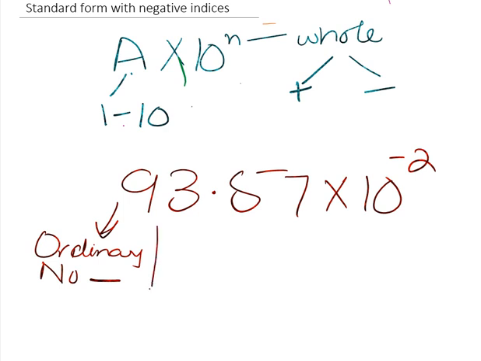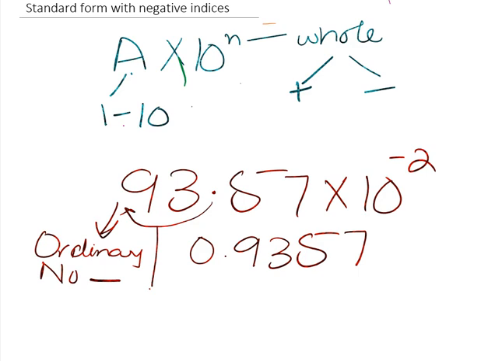You see that they are using a negative value. So for that, we need to guess that we have to move this from right to left, two places, 0.9357. So we move it to the left side.